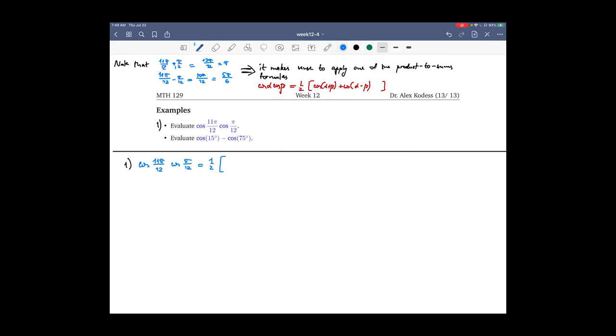So this will be 1/2 cosine of a sum, 11 pi over 12 plus pi over 12, plus cosine of a difference, 11 pi over 12 minus pi over 12.